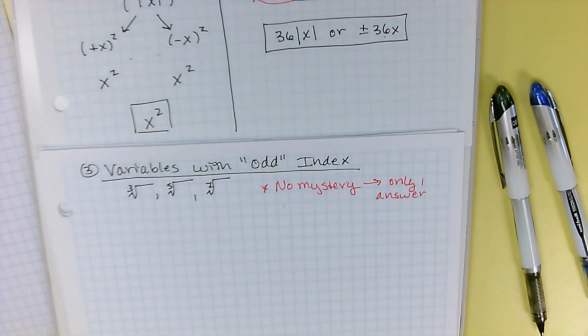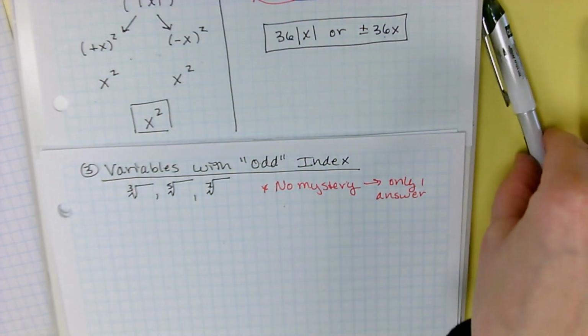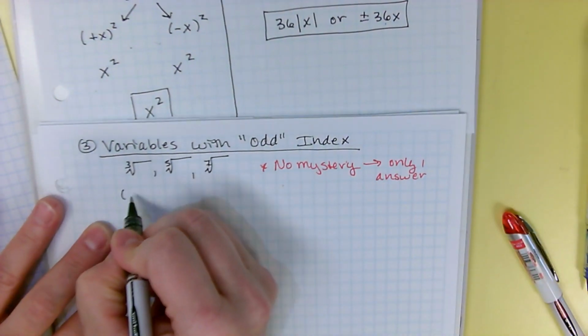Because the even index caused perfect squares and the sign squared out. With an odd index, what you see is what you get. If it's a cubed number and it's negative, the number's negative. If it's a cubed number and the number's positive, the number's positive. So again, you can see why this is true.